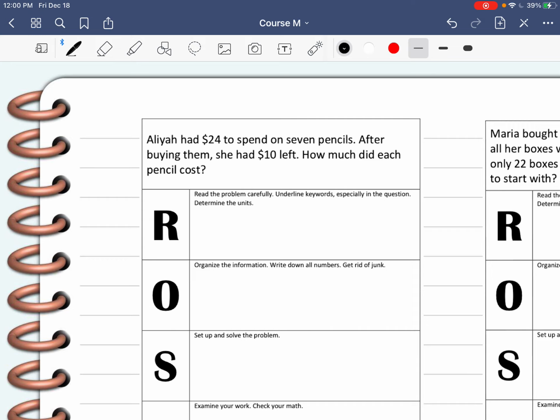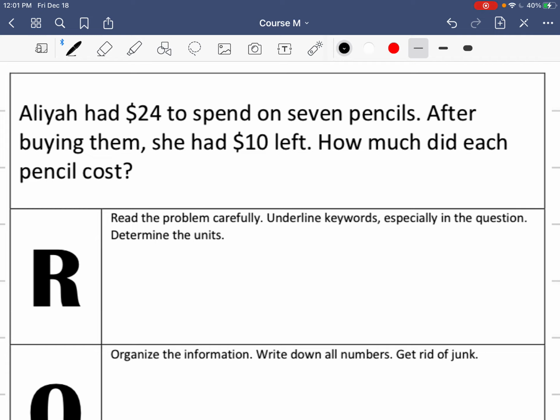It's not really the answer that they're testing, it's your ability to think. So this sort of guides you through the thinking process. So let's look at R. R means to read. Read the problem carefully. Underline keywords, especially in the question, and determine the units.